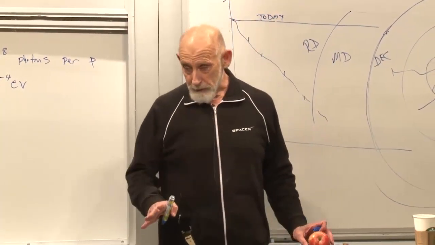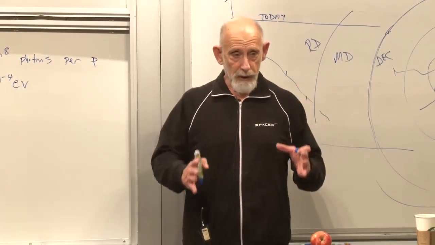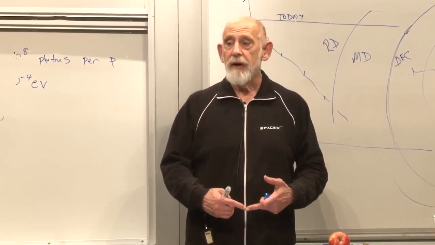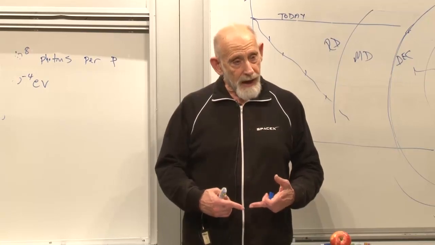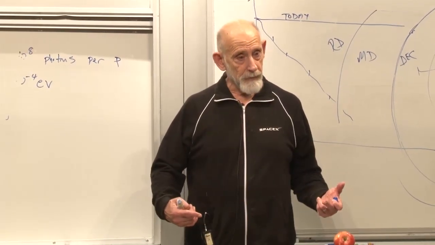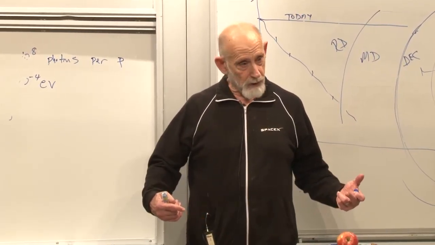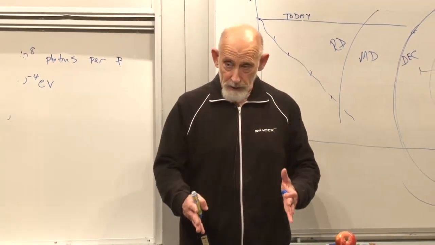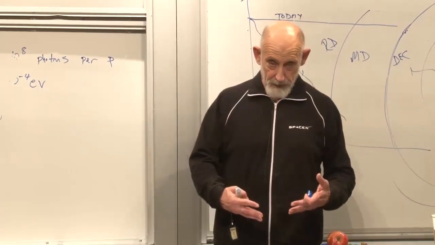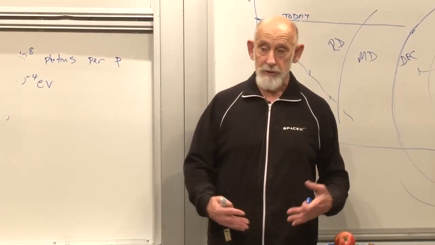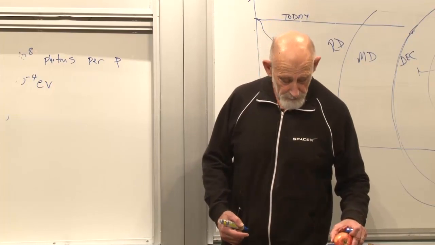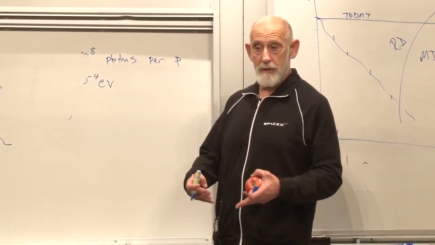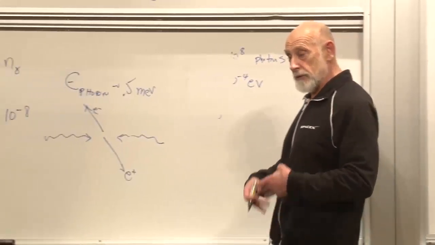As it starts to cool down, the electrons and positrons will annihilate into photons, but typically the photons will not have enough energy to collide and make electrons and positrons again. So as you cool it down, annihilation becomes the dominant thing that happens. The electrons and positrons just disappear and turn into photons.